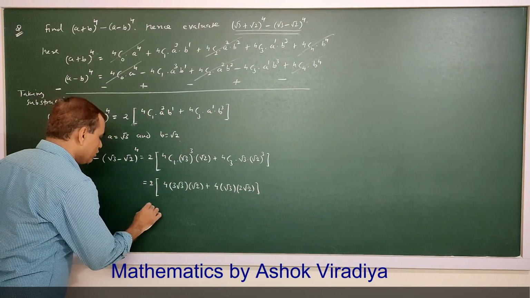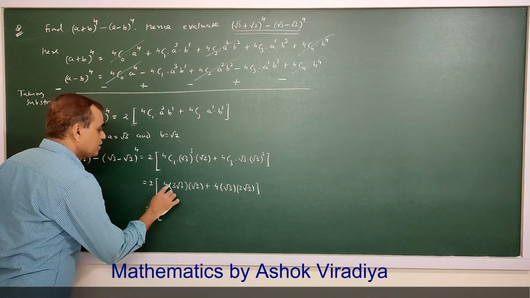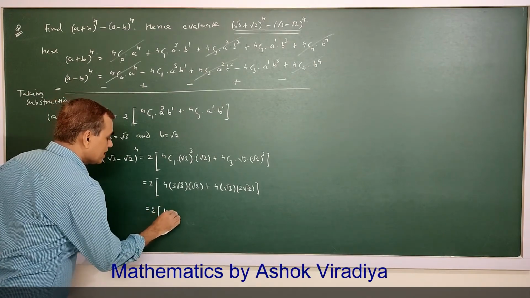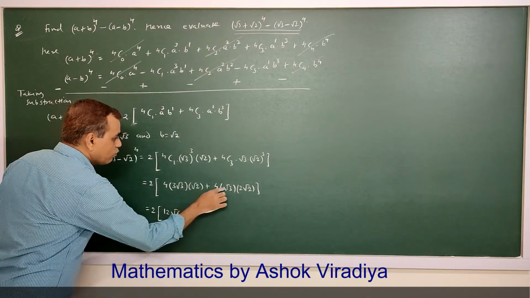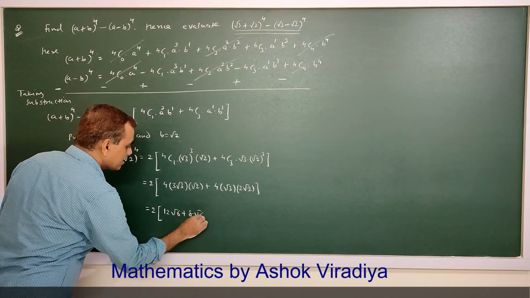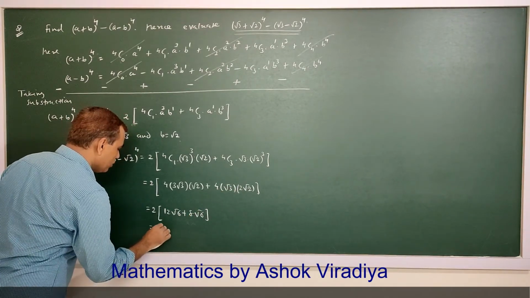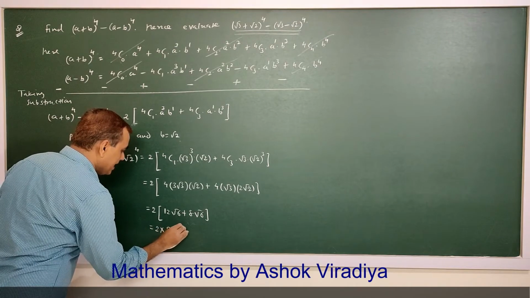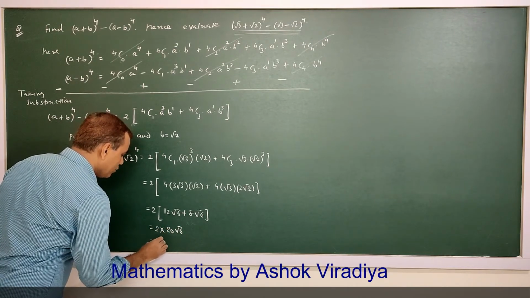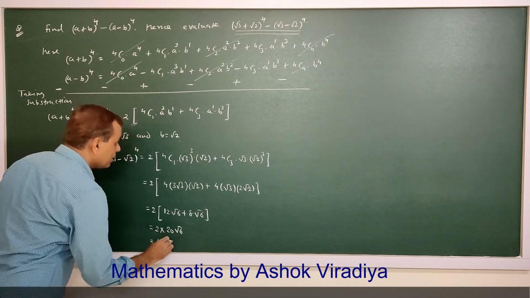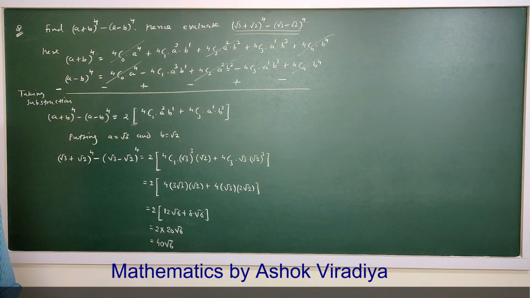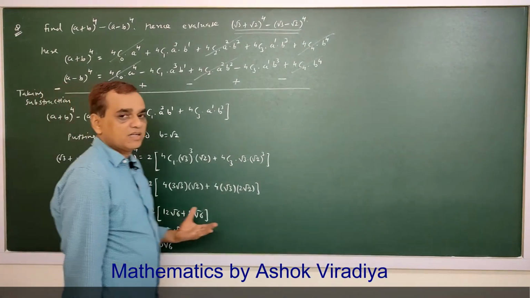So it is 2 into, 4 into 3 is 12, 12 root 6 plus 4 into 2 is 8 root 6. So this is 2 into 20 root 6. So the final value is 40 root 6. That is the required value.